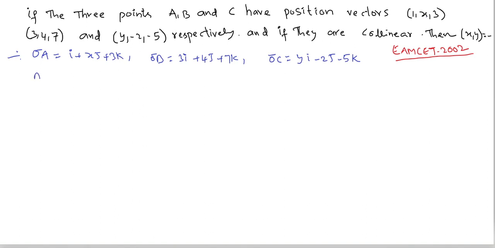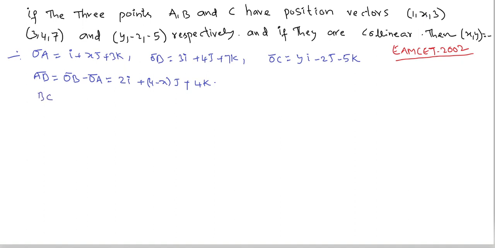So now we find AB bar. AB bar is equal to OB bar minus OA bar. It is 3i bar minus i bar, that is 2i bar plus (4 minus x) into j bar, 7k minus 3k, 4k. Now we find BC bar.